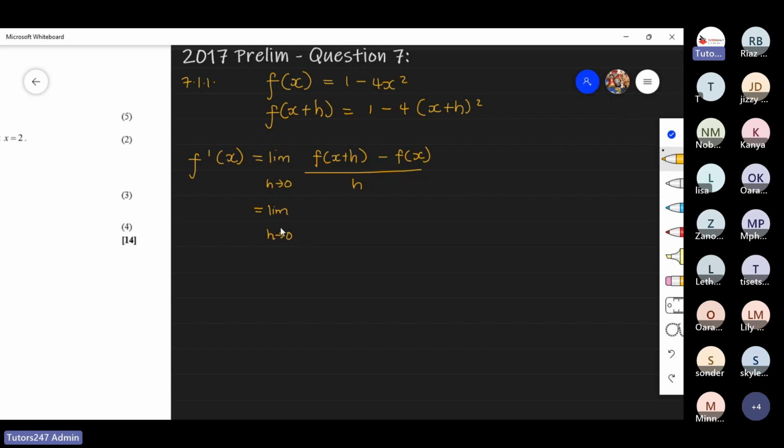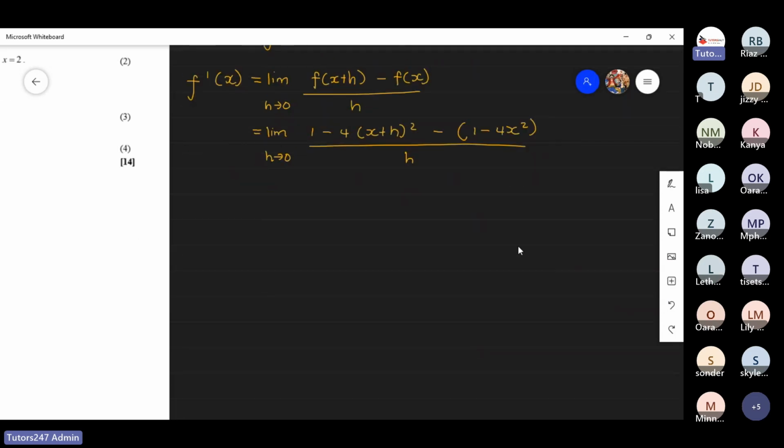So we're going to substitute in place of f of x plus h, we substitute 1 minus 4 into x plus h squared minus, and then we substitute f of x, which is 1 minus 4x squared. And that is all over h.